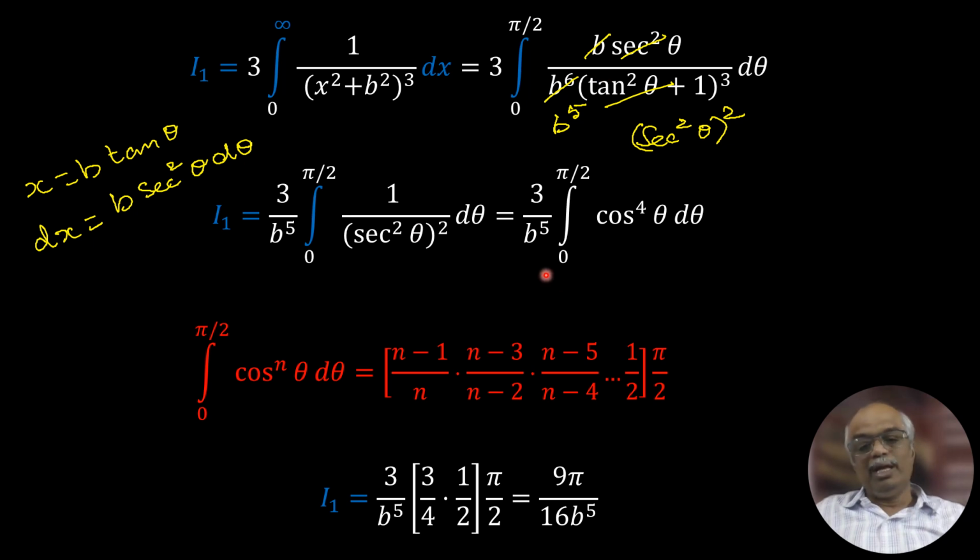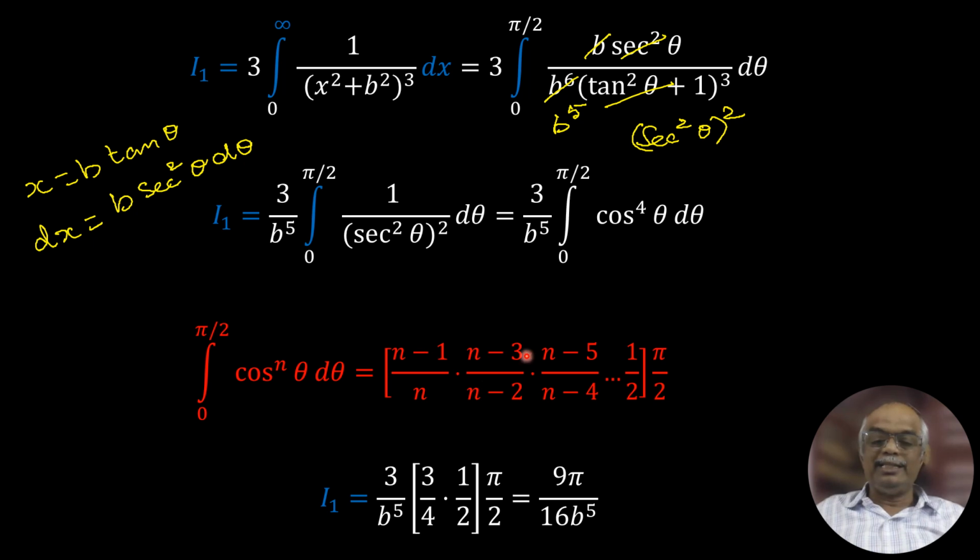So now this is the standard integral: the integral between 0 to pi by 2 of cos power n theta d theta is equal to, here you can see in the numerator you have n minus 1 multiplied by n minus 3 and n minus 5, it will go on up to 1. Similarly in the denominator it is n.